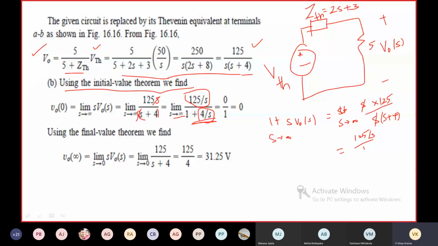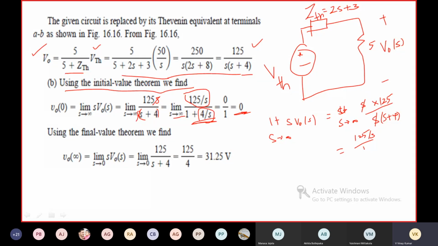So 0 by 1 plus 0 is equal to 0. Anyhow, already in the question itself, it is given there is no initial value. So obviously, V naught of 0 is equal to 0 only.